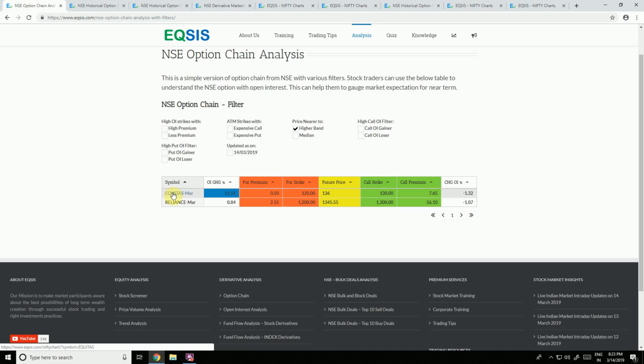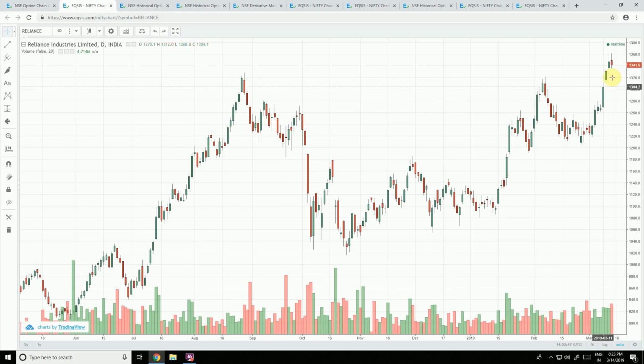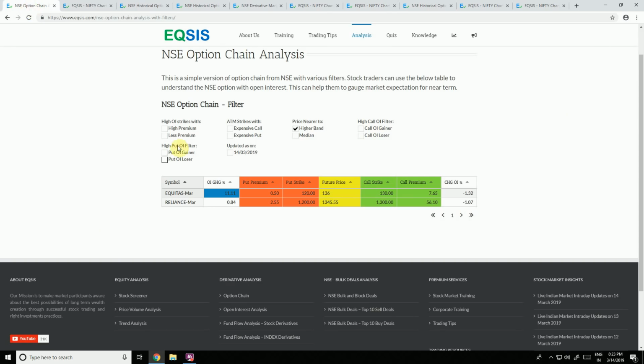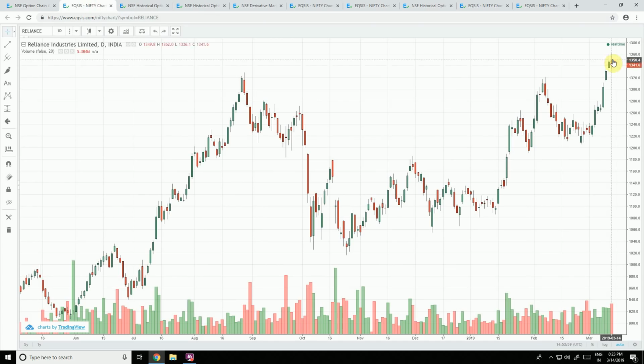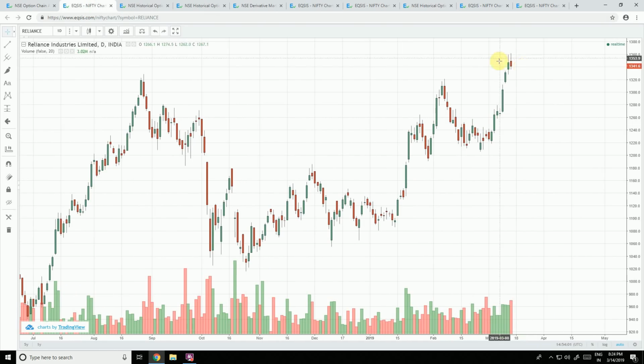But Reliance is almost trading at resistance, it tells me. So does this carry a good premium or more premium, I want to know. Reliance carries less premium. See, that is interesting. Look at this one: Reliance is trading almost on the resistance, but the premium is also less.